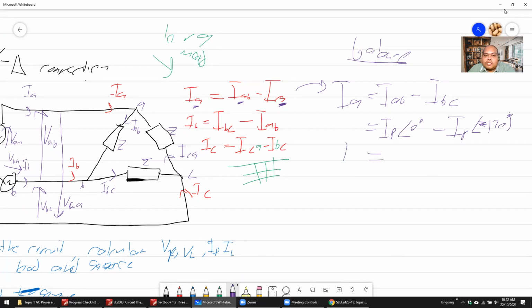When you do this, I line is of course square root of 3 angle, so you just use your calculator. I already forgot, so let me use the calculator.